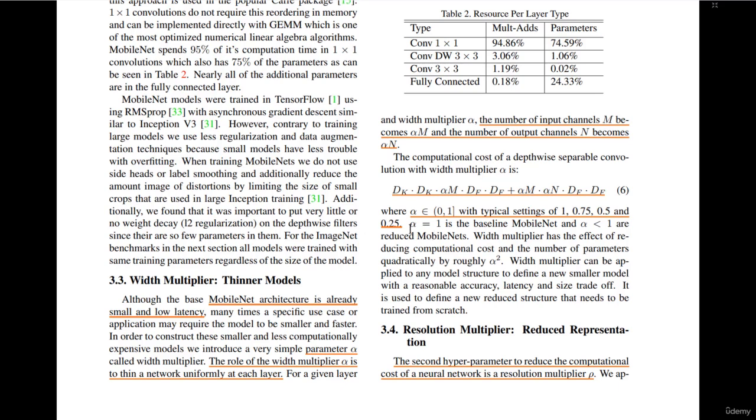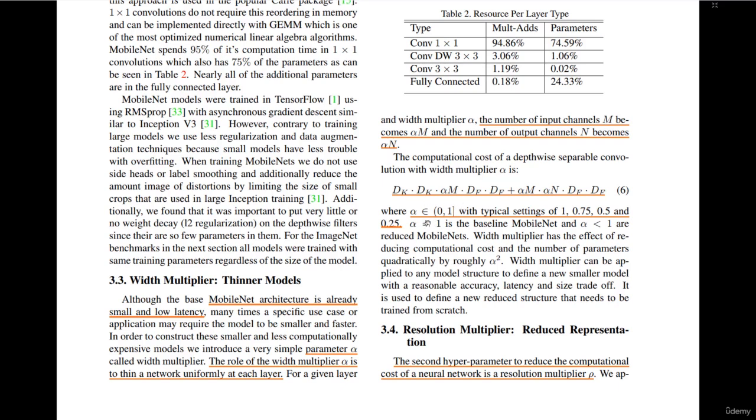So it may happen that you have a certain mobile device or an embedded device whose capacity may be too small to withstand the computational resources needed when working with a depthwise separable layer with the standard value of alpha equals 1. So we may modify it to a value like, say, 0.5, such that the computational resources needed are reduced and can fit that particular embedded device.